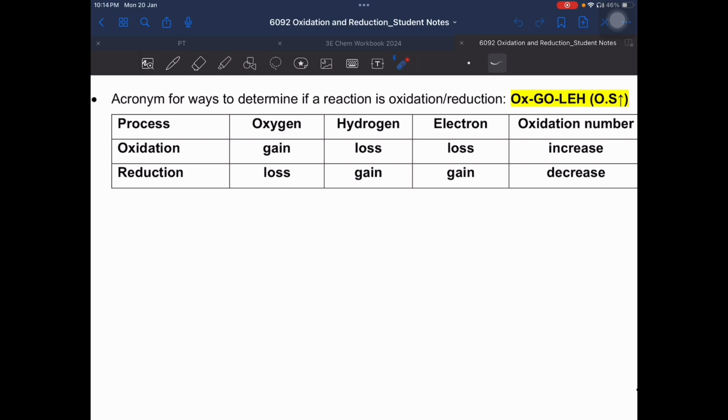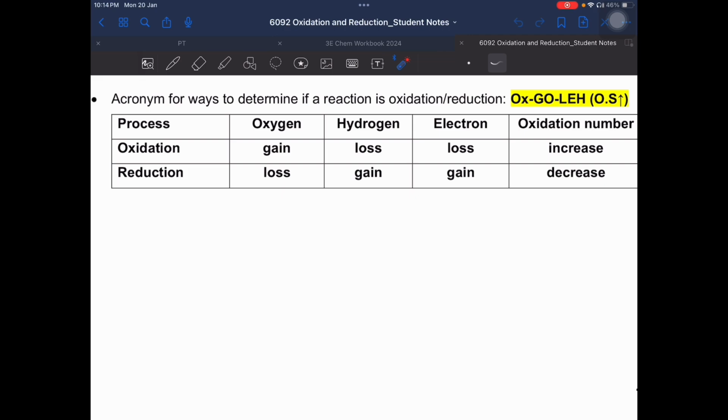At the end of the video, I mentioned that the shortcut is the acronym OXGOLE, whereby GO stands for gaining of oxygen, LEH stands for losing of electron or losing of hydrogen, and an increase in oxidation state tells us that oxidation took place. It can be any of these four methods, and often it depends on the type of question and what they're asking for.